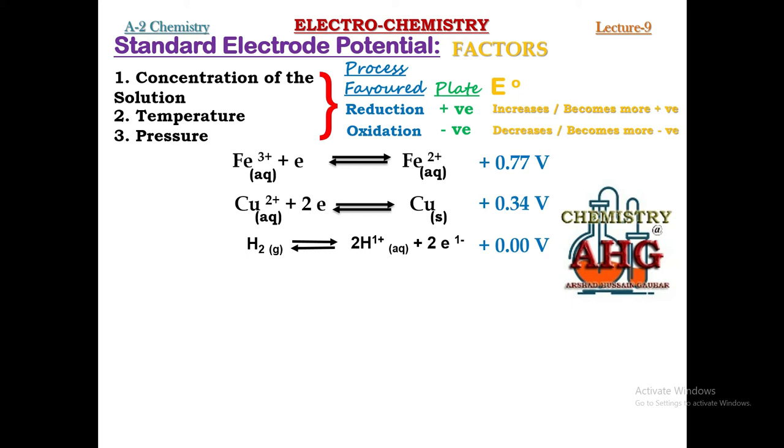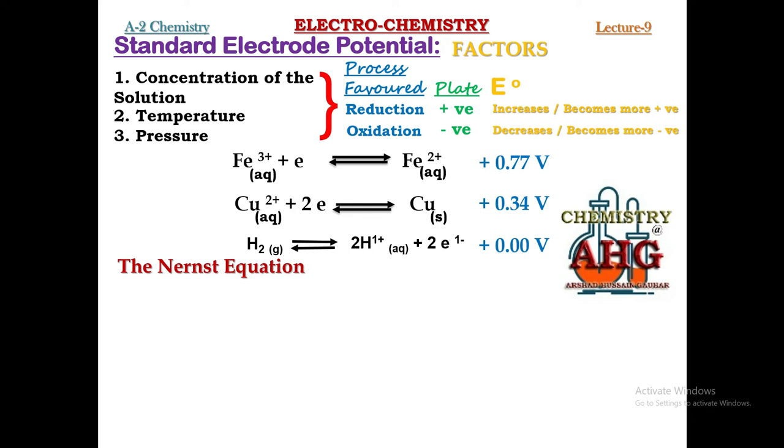We can calculate the exact change in the numerical value of standard electrode potential by taking help of an equation, and that equation is known as the Nernst equation. Now we are going to study the Nernst equation. This equation will help us to calculate the exact change in the numerical value of standard electrode potential. First of all, what is the Nernst equation?